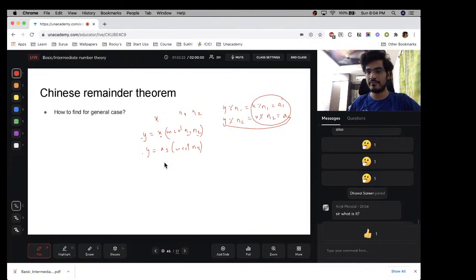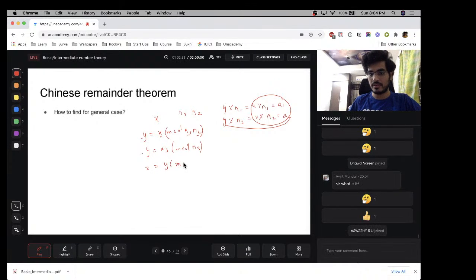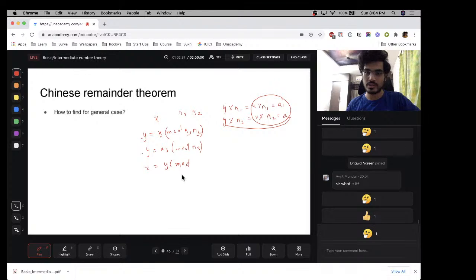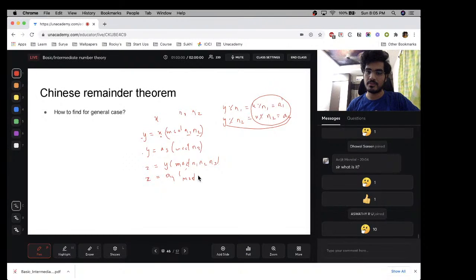So now that we have y, let's try to say there is some z equals to y mod n1, n2, n3, and z equals to a4 mod n4.